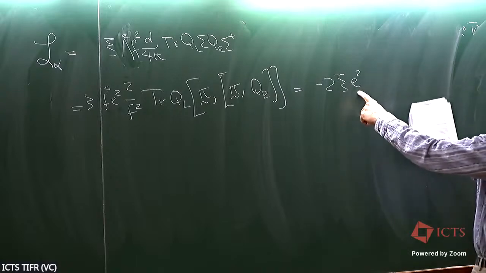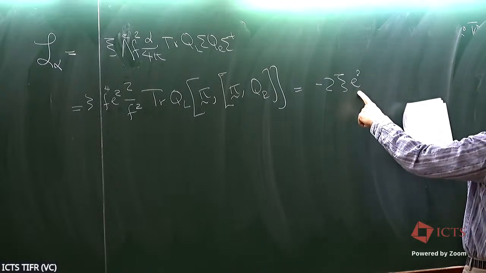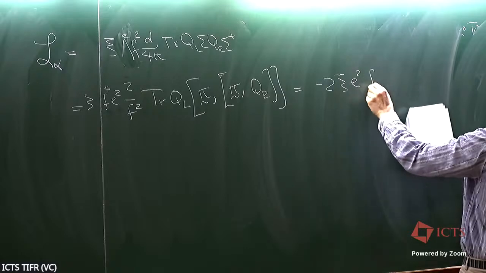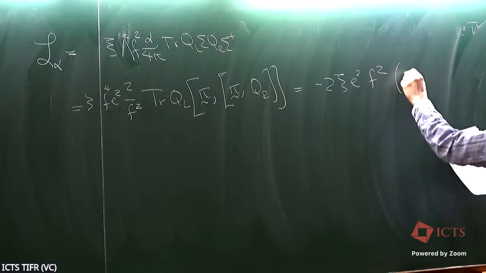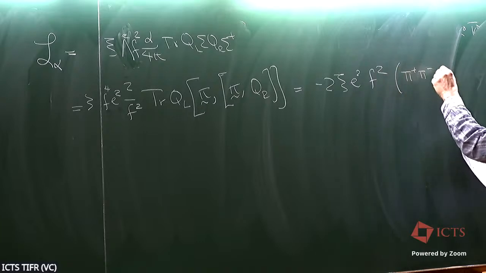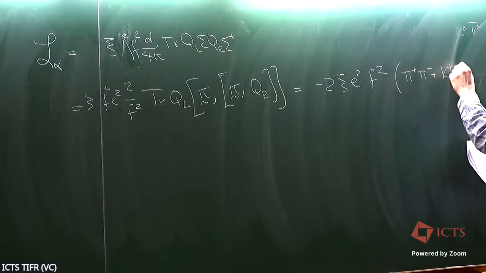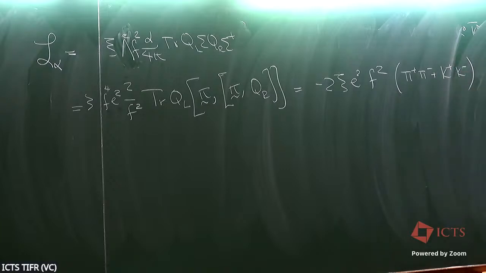So there's an e squared here with no pi's. And there's an F squared, which gives you the dimensions for mass squared. And then there was a pi plus, pi minus, plus K minus. So it tells you that this operator just gives mass to the charged mesons, which is what you'd expect.